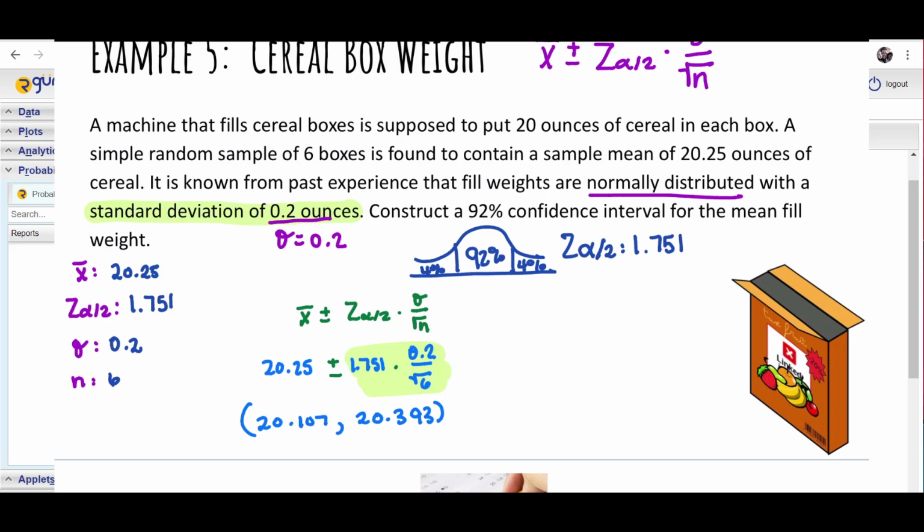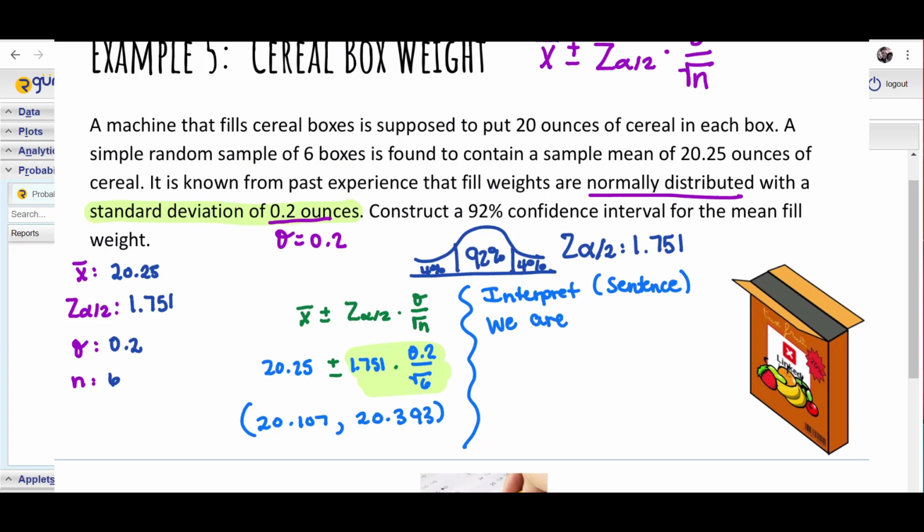So here we're going to interpret. And basically what it means is putting it in a sentence. All right, so I'm going to basically give you a little template here. So you're going to say, we, or I like to say we because we just did this together, right?